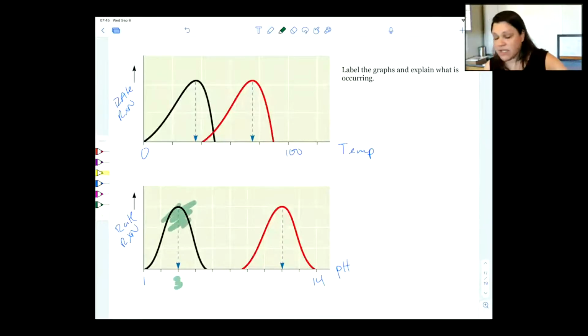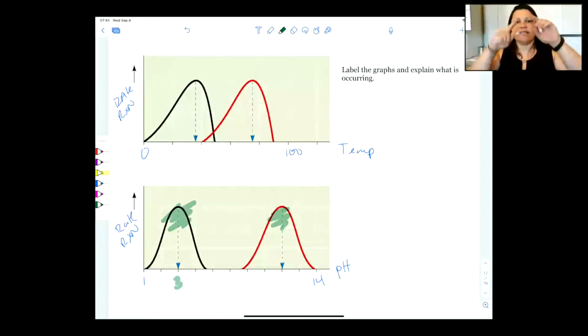This is probably a stomach enzyme, or an enzyme elsewhere in the world that really likes a very acidic environment. This, on the other hand, is an enzyme that has a strong affinity for a basic environment. What you can see is that it's not like it's only going to work at this particular pH.